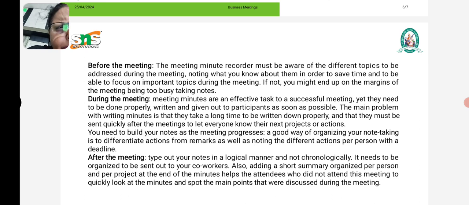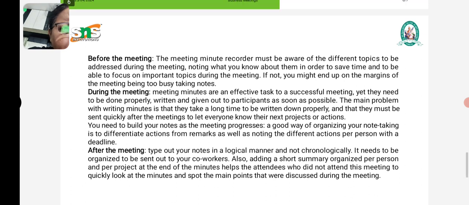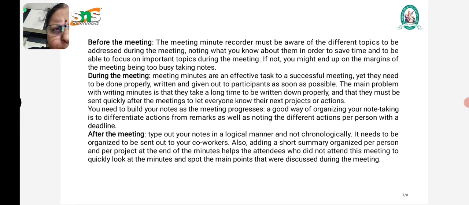Minutes are effective for a successful meeting, yet they need to be done properly, written and given out to participants as soon as possible. The main problem with writing minutes is that they take a long time to write properly, and they must be sent quickly after the meeting to let everyone know the next projects or actions.